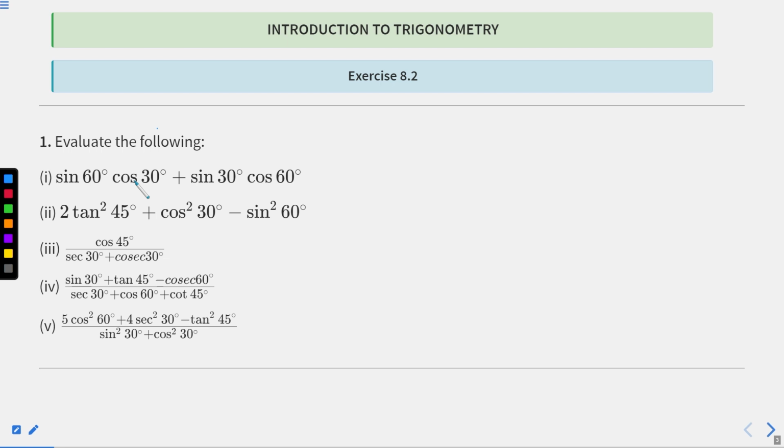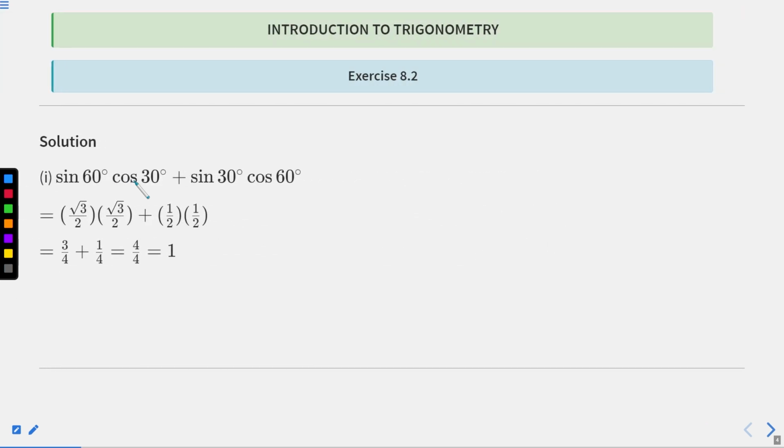We know the values of tan 45 degree, cos 30 degree, and sine 60 degree. For this exercise, we can substitute these values and simplify to get our answer. So let us see how to solve it.